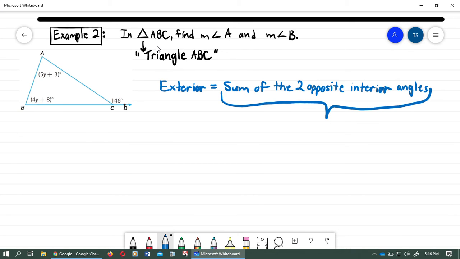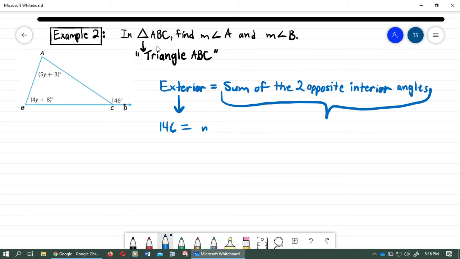So what we know is that they're talking about that 146 degrees for that exterior angle, and it's equal to the sum of the two opposite interior angles, or the two remote interior angles.